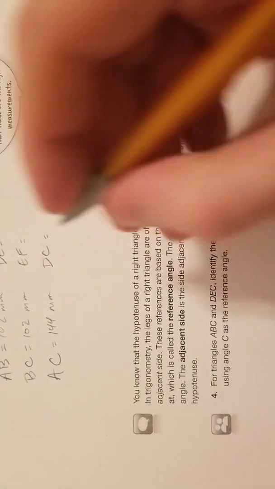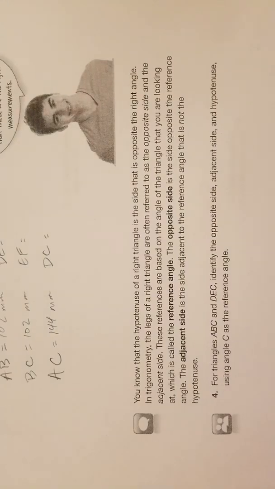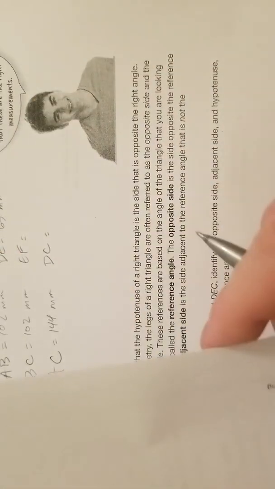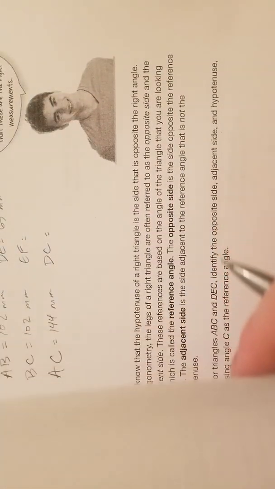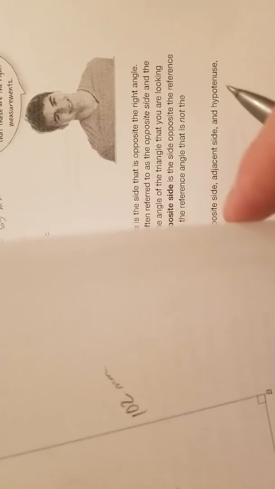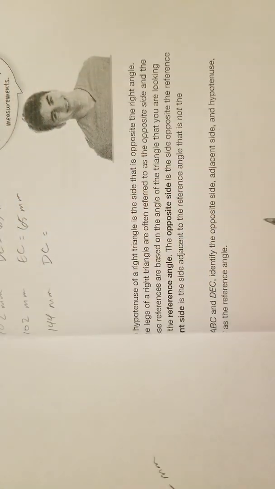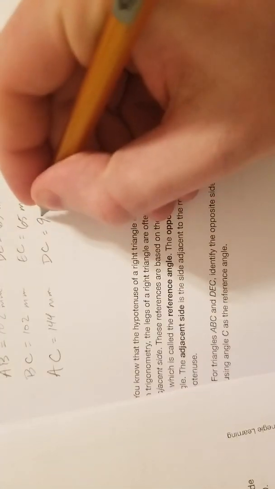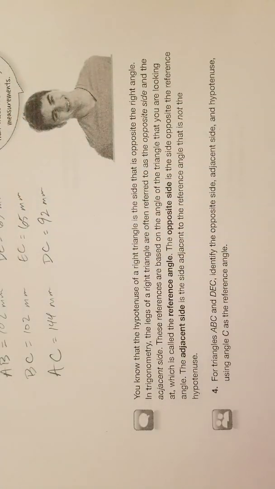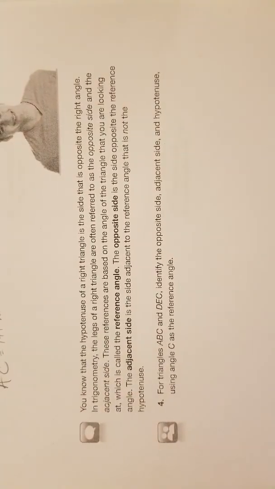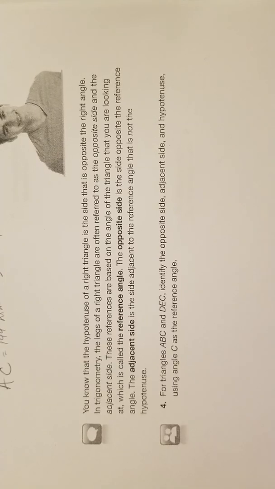So I got DE as 65 millimeters, and EC was 65 millimeters. And DC I measured as 92. Okay, there's a reason for why we're taking down all of these measurements, and we're going to get to it in a second. Okay, so let's read this little paragraph and then we'll do question 4.